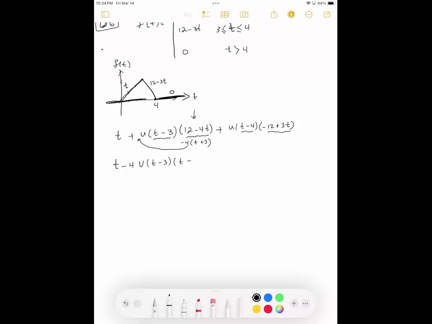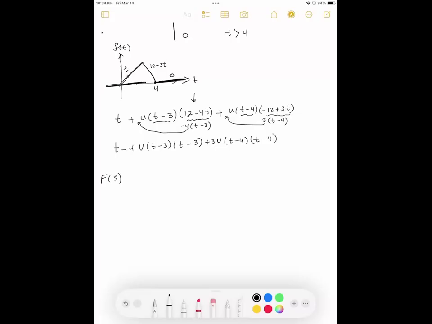Because when we factor negative from negative 4 times negative 3 it gives us positive. From these two, I'm going to factor just 3. So I get t minus 4. I'm going to pull the 3 here.